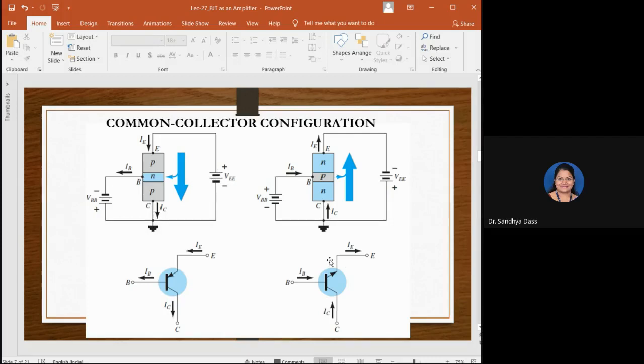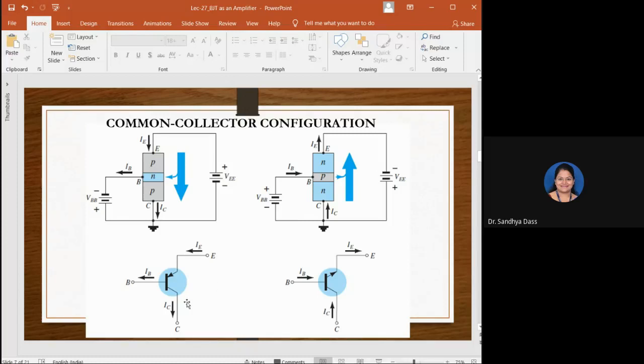The arrangement will be like this, where the base will be in this direction, and the collector terminal will be common to both the input and the output. So identify that the input current will be the base current, the output current will be the emitter current, the input voltage will be VBC, and the output voltage will be VEC.